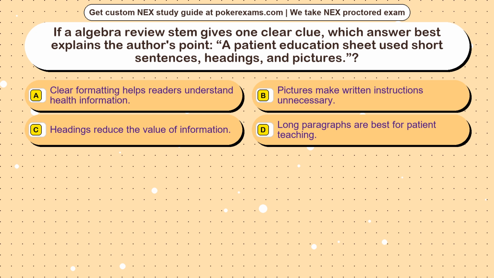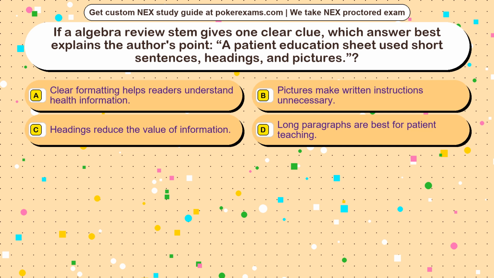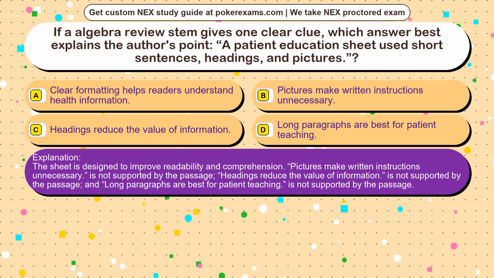Option D, long paragraphs are best for patient teaching. The correct answer is option A. The sheet is designed to improve readability and comprehension. The other options are not supported by the passage.